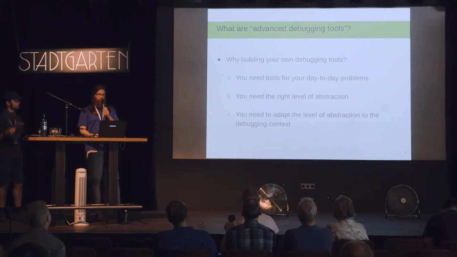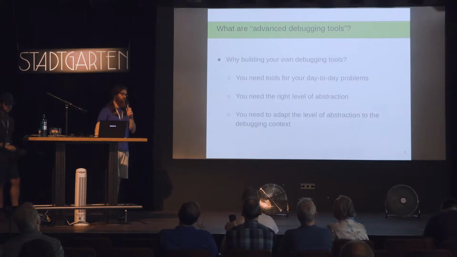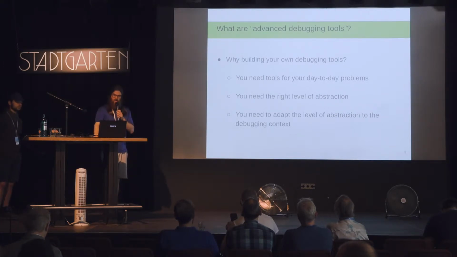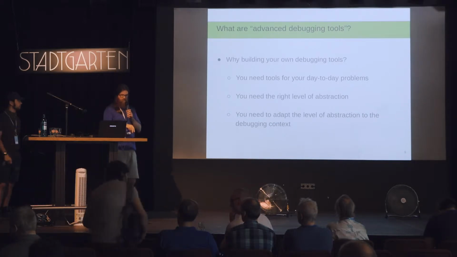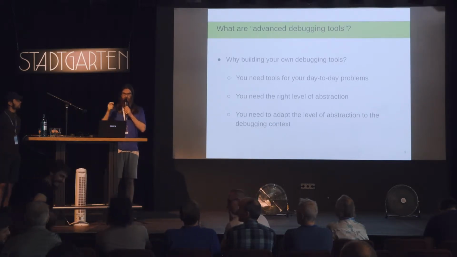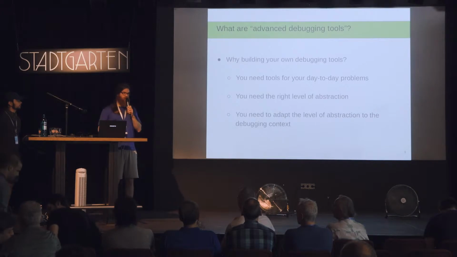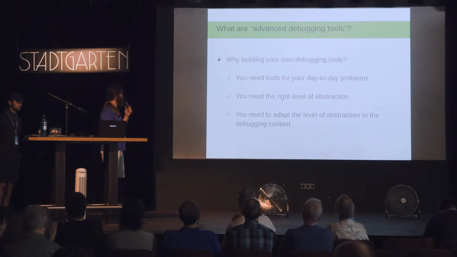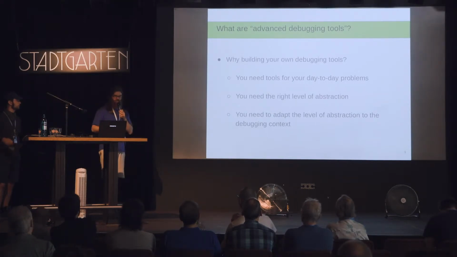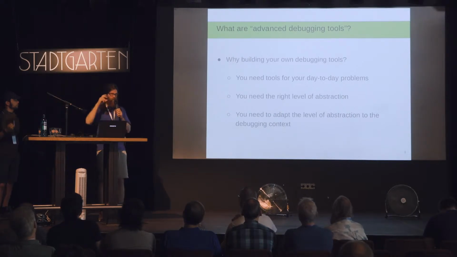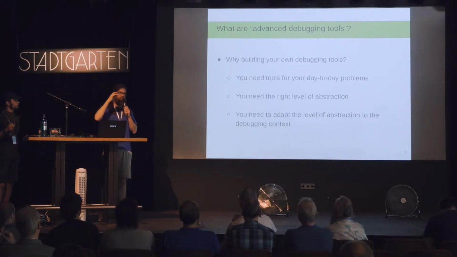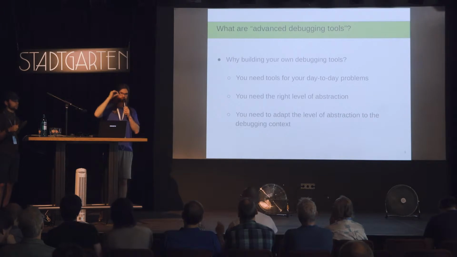So why would you need to build your own debugging tools instead of using what is already existing? What we want is to provide you means to cope with the problems that you have every day when you develop, to help you choose the right level of abstraction and to move beyond those levels of abstraction.